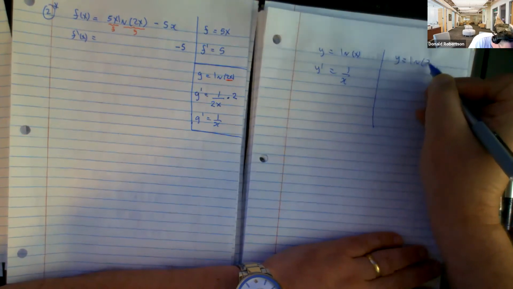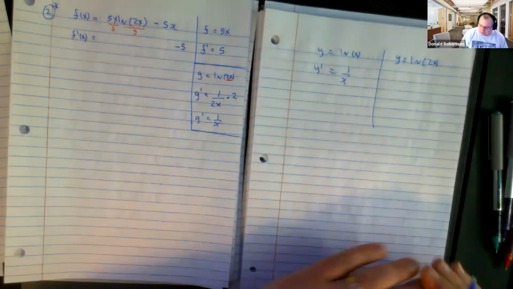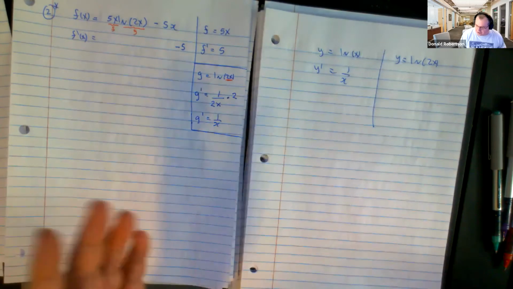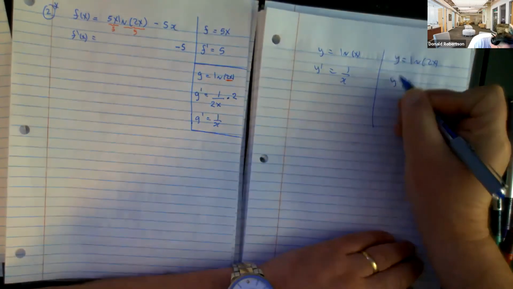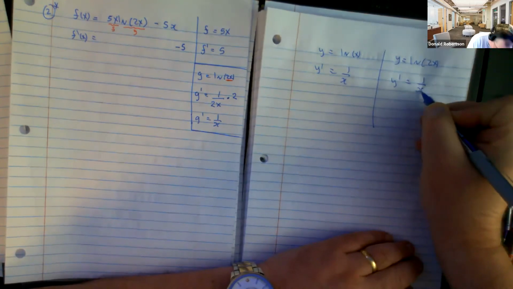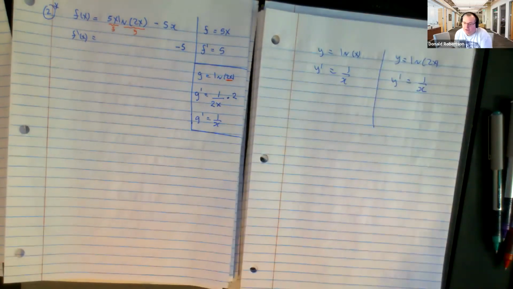The derivative of this guy, which is clearly different, would you agree log 2x is not the same thing as log x, right? It's got 2 in it, right? It's different. Yet its derivative ends up being, once you've tidied it up, also 1 over x, which sounds like something weird is happening here. Agreed? This doesn't sound right.